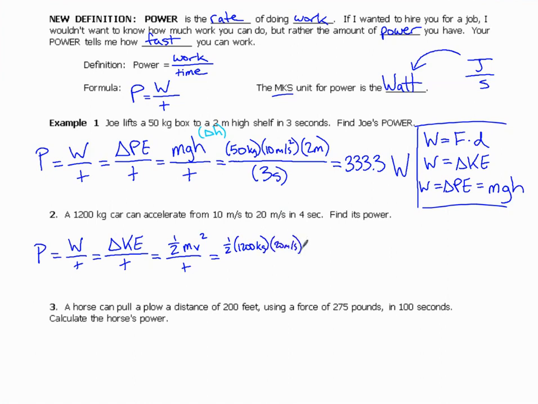And you have to square the whole quantity minus the initial kinetic energy. Mass is the same, but the velocity is 10 meters per second. And we're squaring that velocity too. So really this is Vf squared and this is Vi squared. And all of this in a time of 4 seconds.